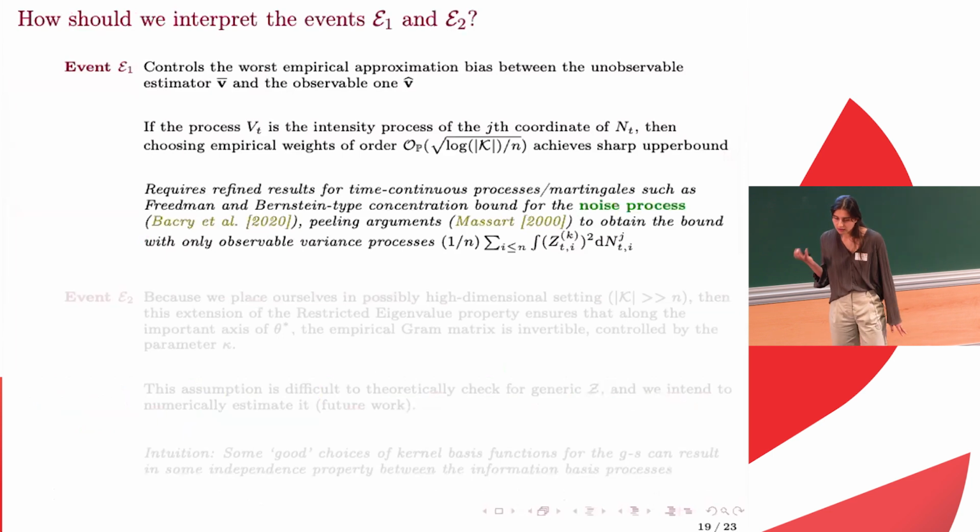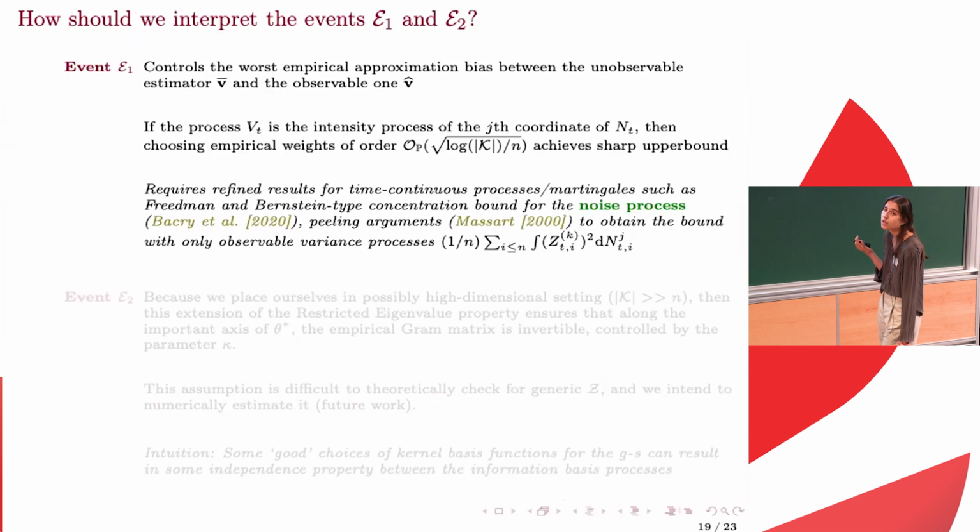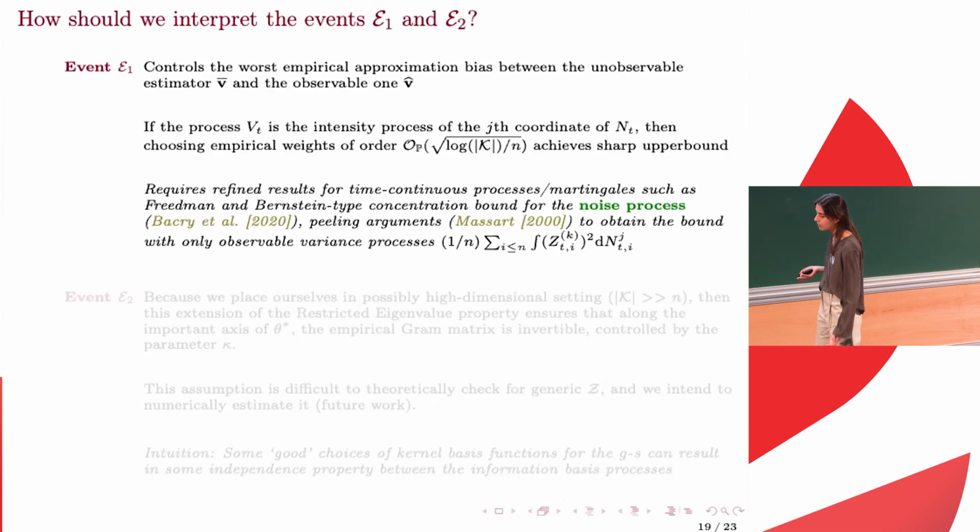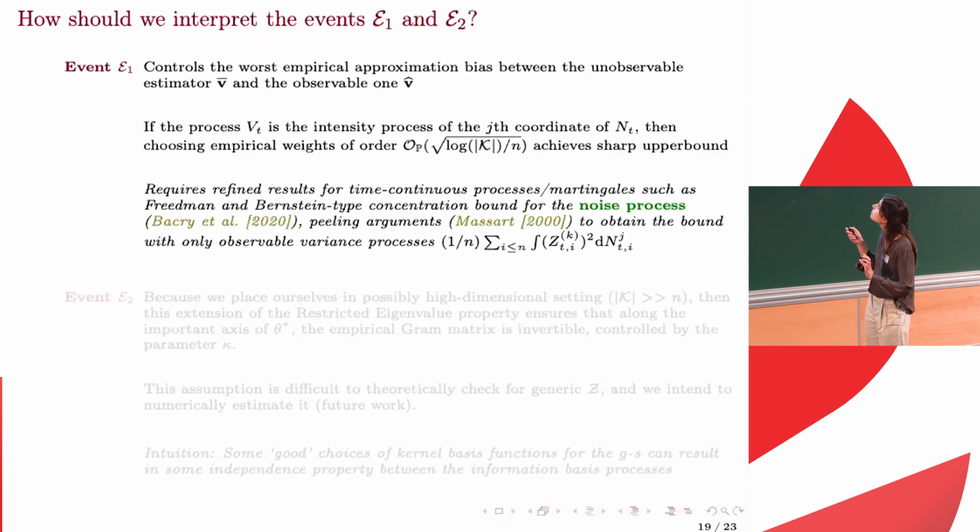So let's now discuss a bit about those events, the assumptions that we make in order for the result to hold true, and whether they are reasonable or not. Okay, so if we look at the event E1, we want to control the worst empirical approximation bias between the unobservable estimator V bar and V hat, okay?